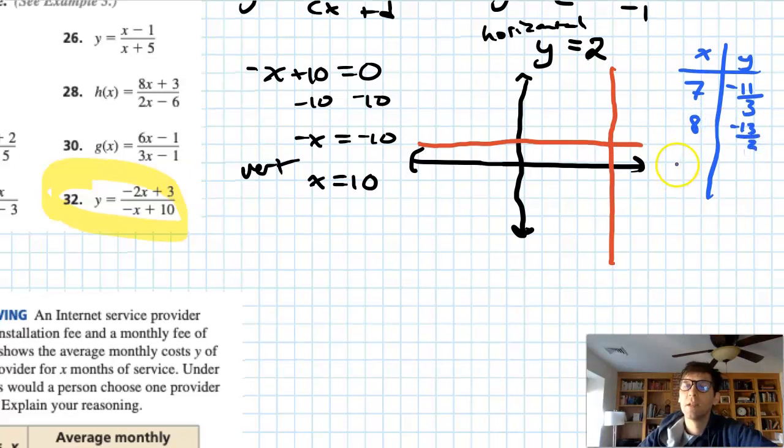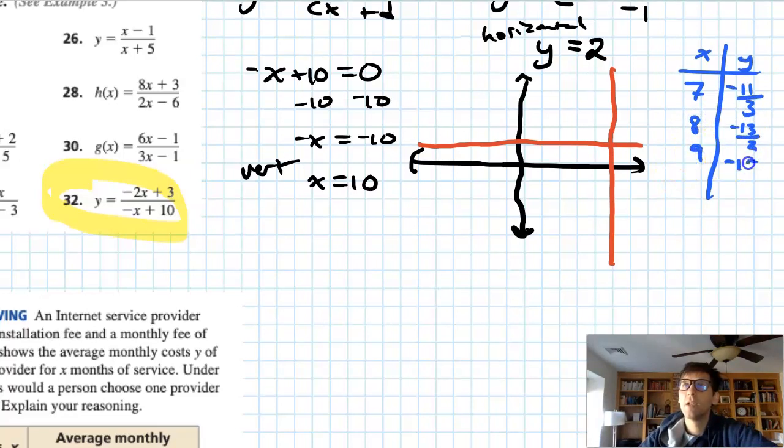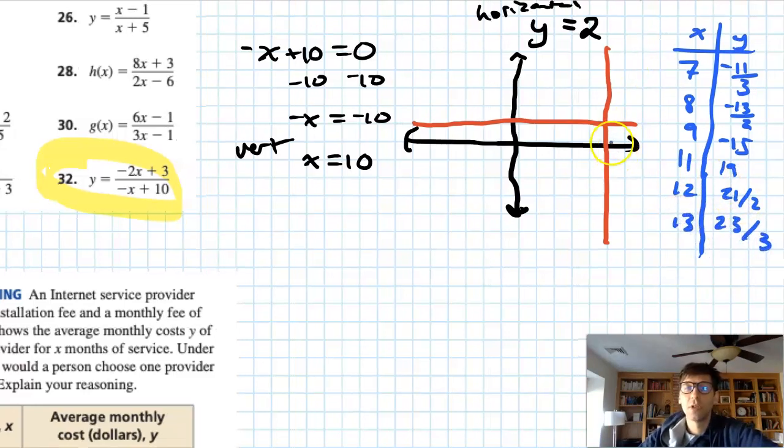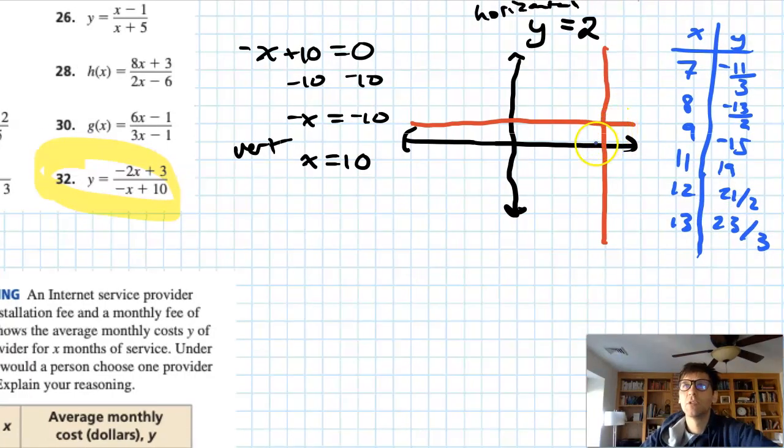If I plug in 9, I would get negative 15. If I now plot some to the right of the asymptote, if I plug in 11, I got out 19, 12, 21 halves, and then 13, 23 thirds. I had done this separately, so that's why I'm able to do that so quickly.